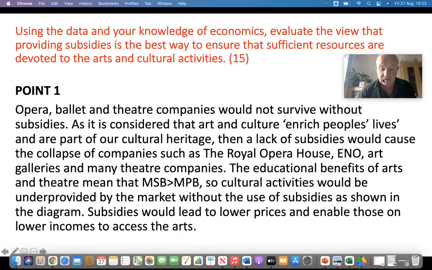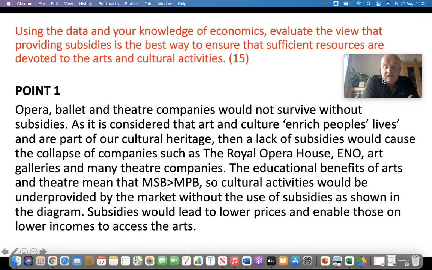Okay, so in this instance, we've got a scenario where the first point could be that if we were encouraging opera, ballet, and theatre companies, they wouldn't survive without subsidies. One could argue that art and culture enriches people's lives, and it's a very important thing to encourage.